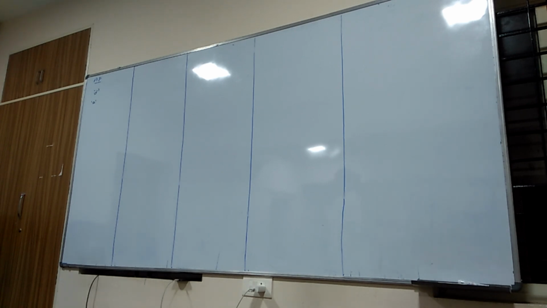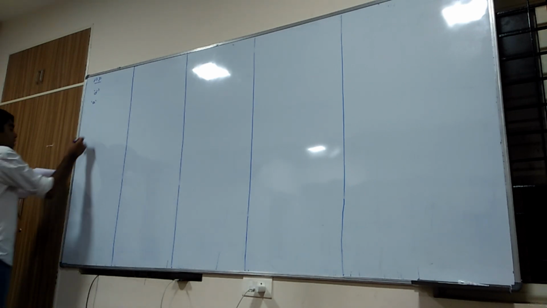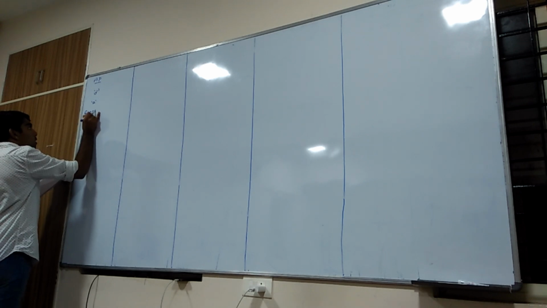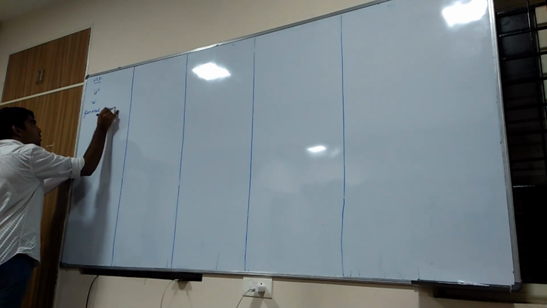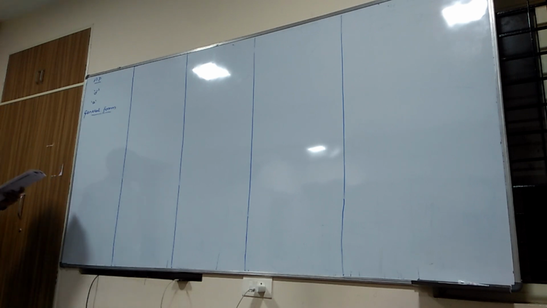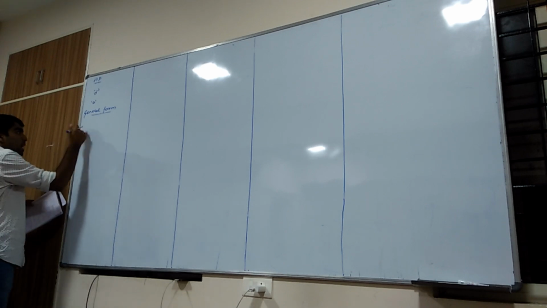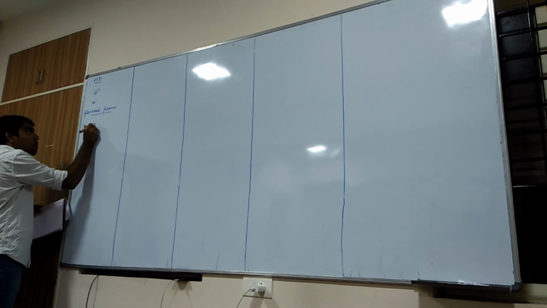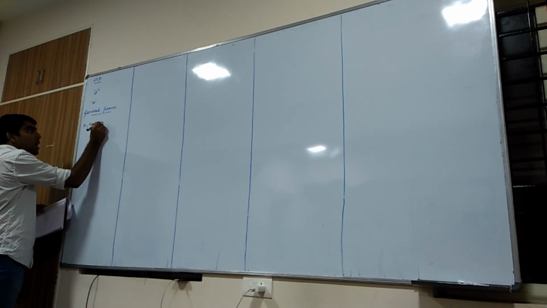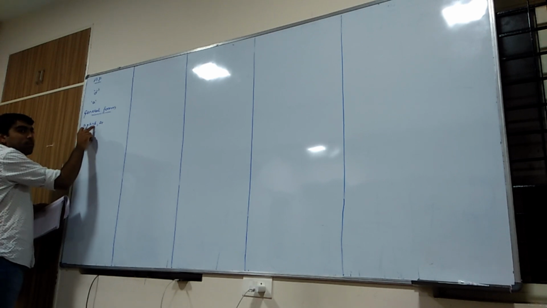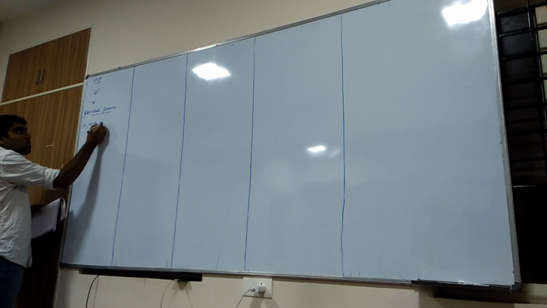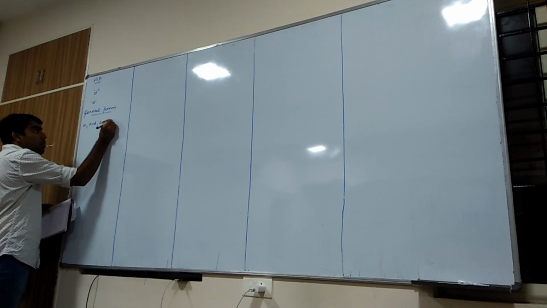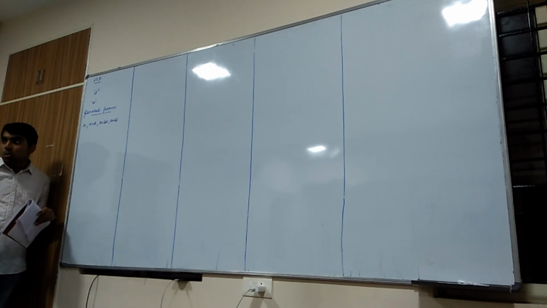Now we will come to the general form of an AP. Look over here. We have A, which is the first term. The second term will be A plus the common difference, the third term will be A plus 2 times the common difference, then A plus 3d, and so on.